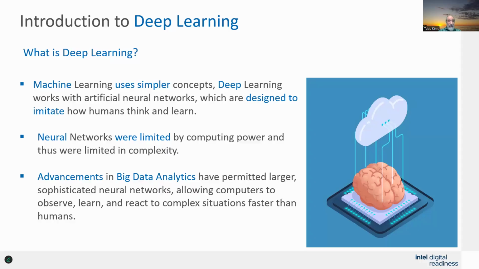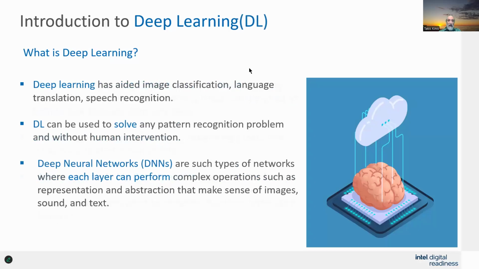It says advancements in big data analytics have permitted larger, sophisticated neural networks, allowing computers to observe, learn, and react to complex situations faster than humans. And I think this is going to accelerate. The fact that we run a lot of these algorithms in the cloud, albeit expensive and power consuming, has really enabled a lot of the stuff that's going on right now in AI.